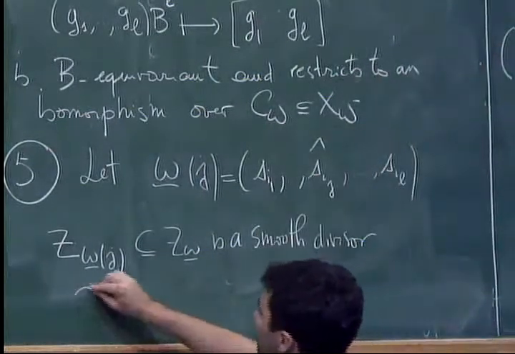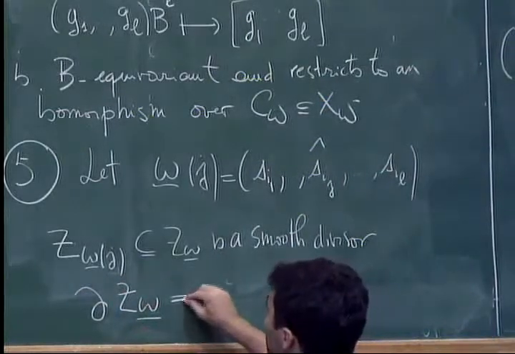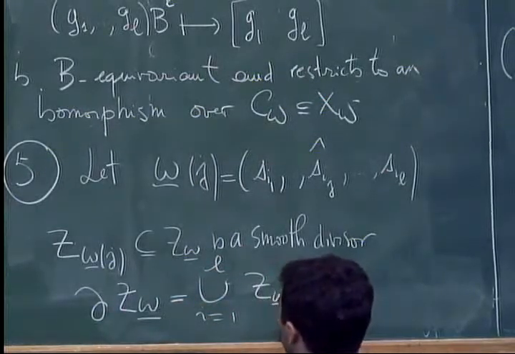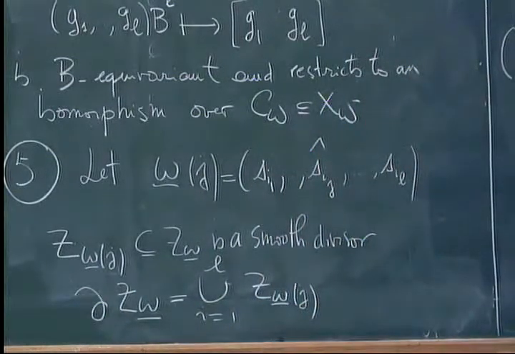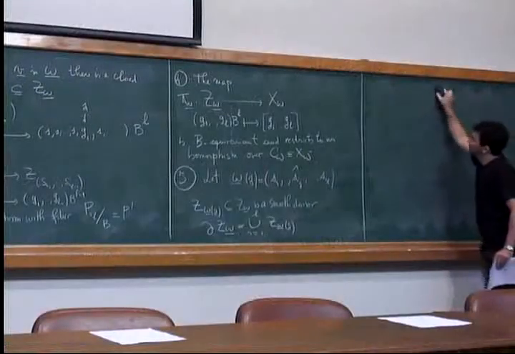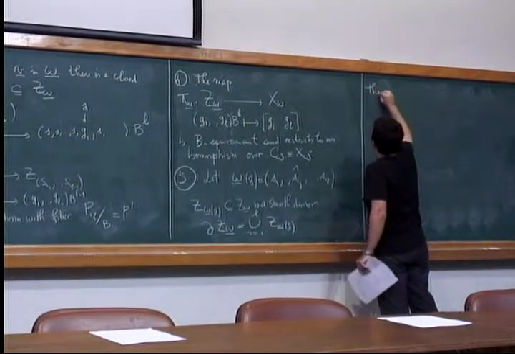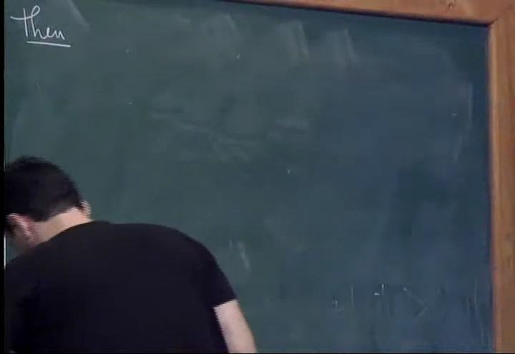So define the so-called boundary of Z omega to be the union of these divisors. Then I will need this later on.